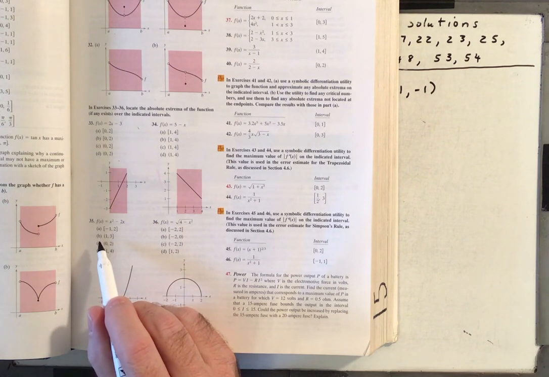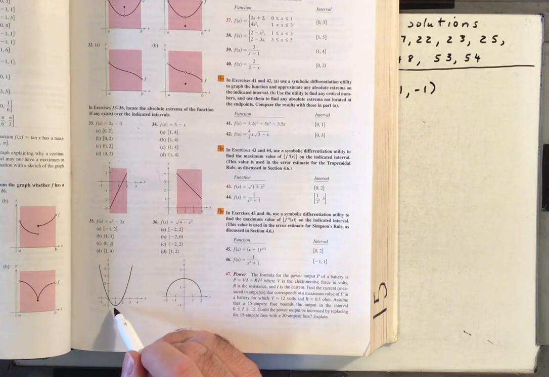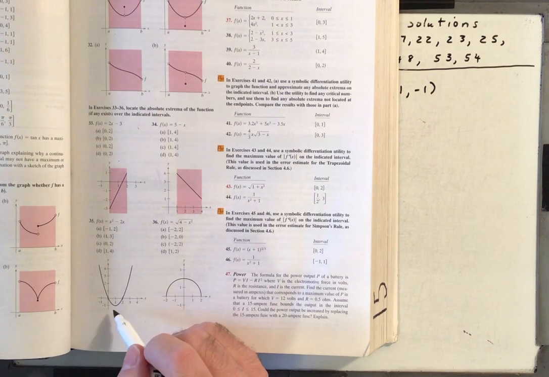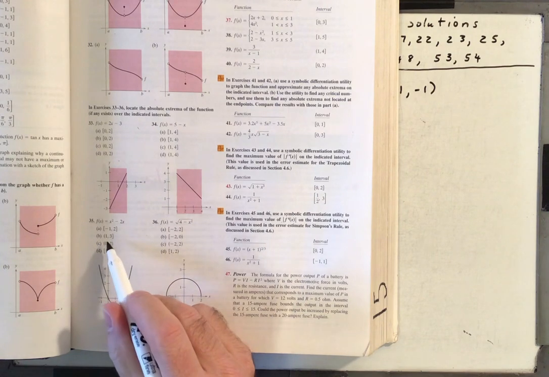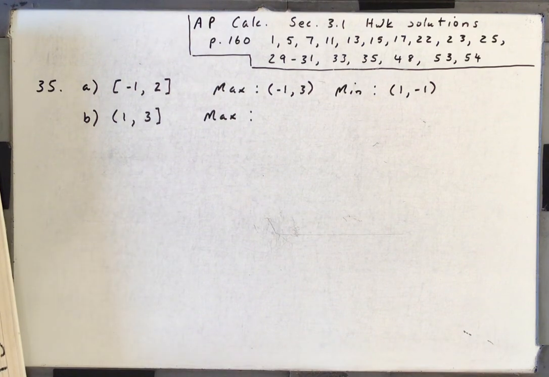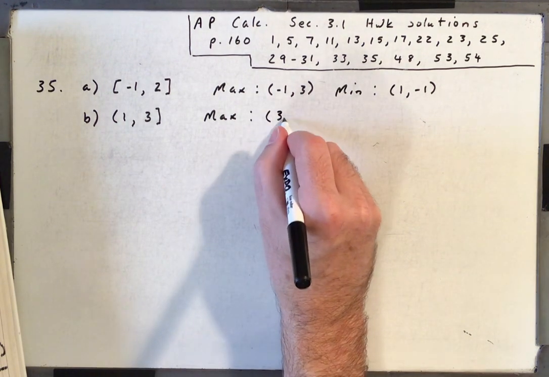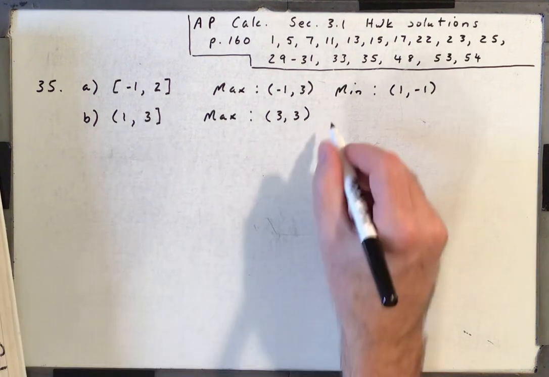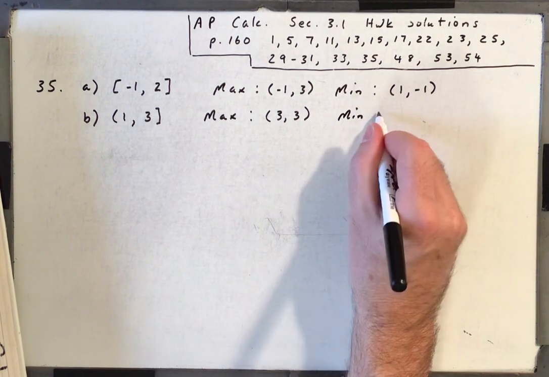So in this particular case, our lowest point is at 1, and that is an open interval there at 1. So there's no minimum, but the max does occur at 3, and that would be at (3, 3). Best I can read this graph, when x is 3, y is 3. But there's not a minimum.